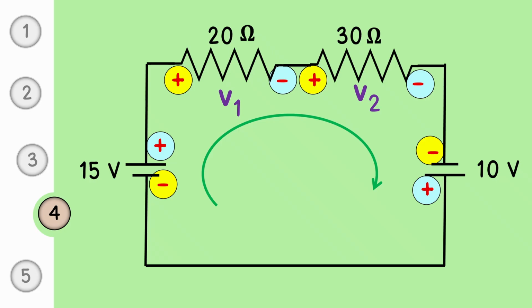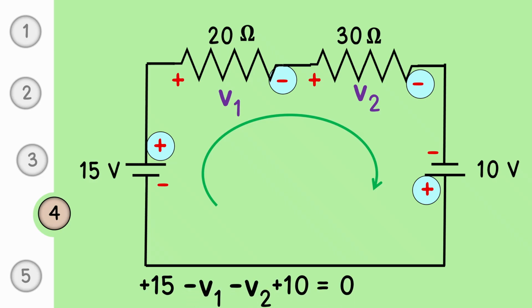While writing the KVL equation, you must follow either the starting sign or the ending sign. I usually follow the ending sign. Therefore, plus 15 minus V1 minus V2 plus 10 is equal to 0. This is the KVL equation for this circuit.